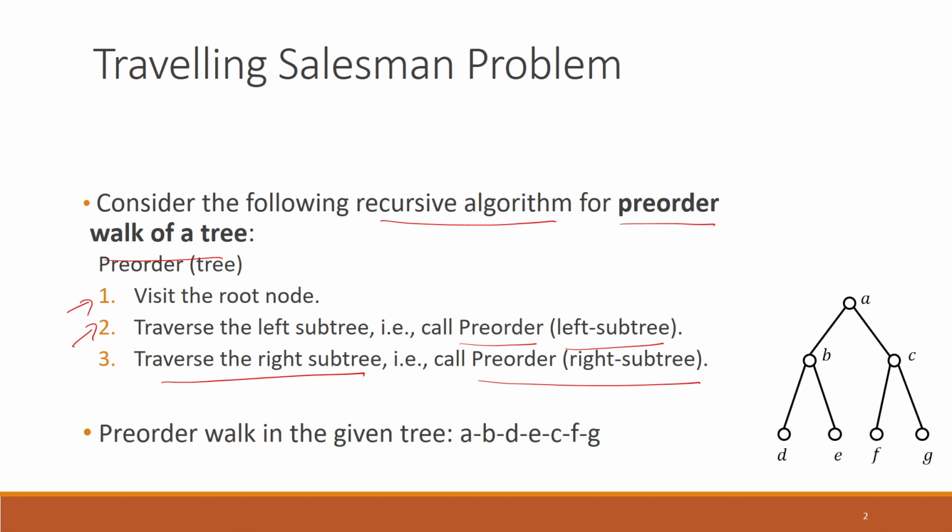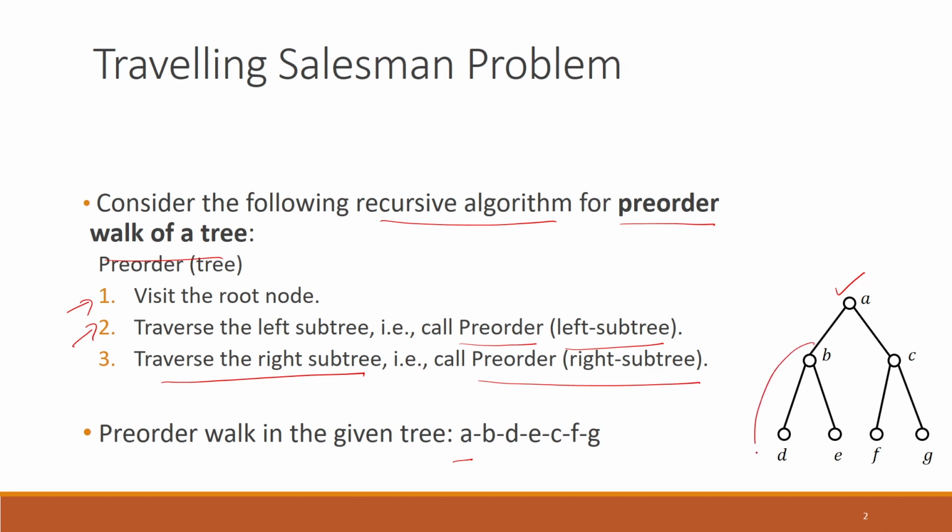Let us take a look at this through an example. On the right side we have this tree given to us. The first step is that we visit the root node. This node A is the root node here. You can see that the first node that gets listed here is node A. After that we traverse the left subtree. That is, we call the pre-order function, but with the left subtree.